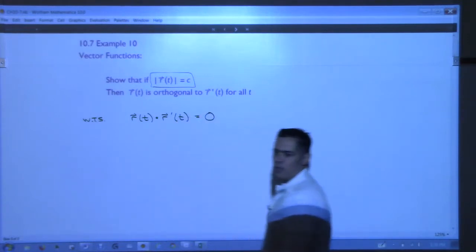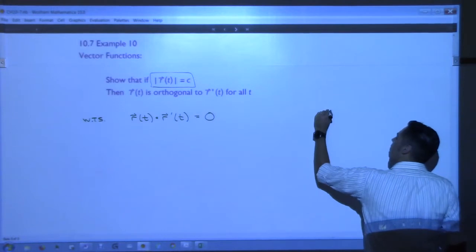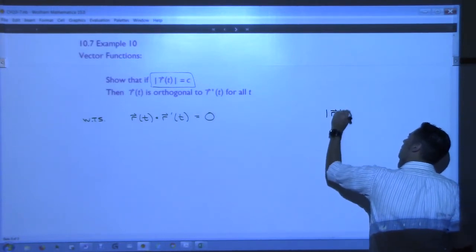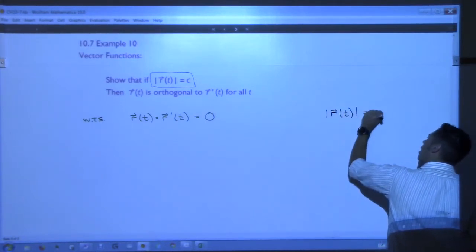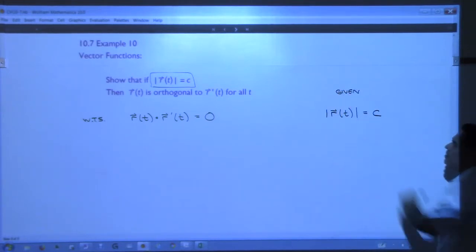Do you agree that's what we want to show? And all we know is what? What's the only thing we know? The magnitude of r of t is a constant. This is what we're given. And we have to show that.